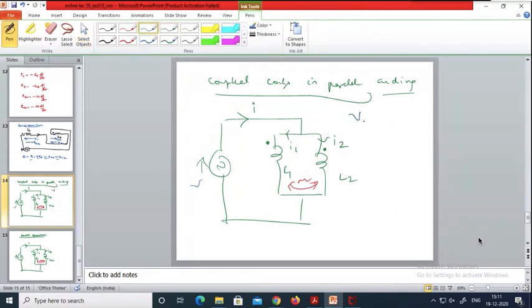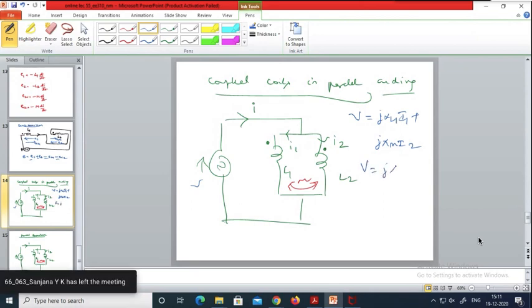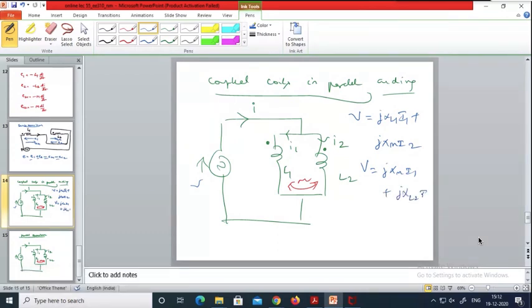The voltage is remaining the same here. Therefore, V is equal to, in the first case, j XL1 I1 plus j XM I2. Similarly, V is equal to j XM I1 plus j XL2 I2. This is the first case equations.